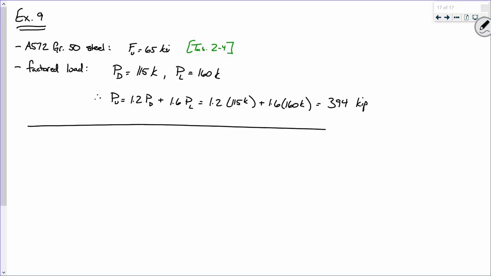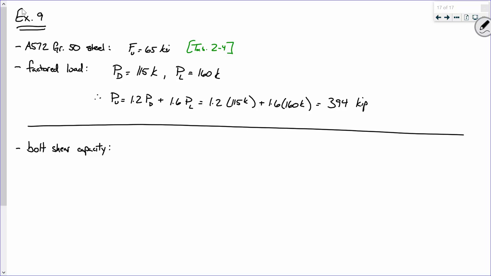Okay, so let's look at connection design. Let's look at bolt shear capacity. Now, does anybody remember how we're going to determine bolt shear capacity, where we're going to look in the manual? You have your manual.